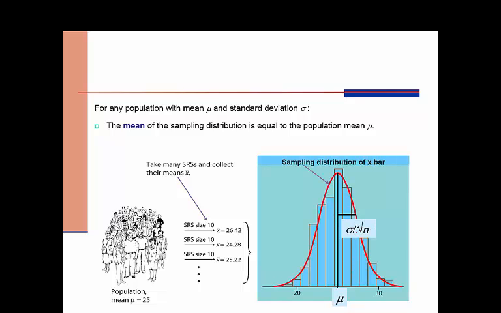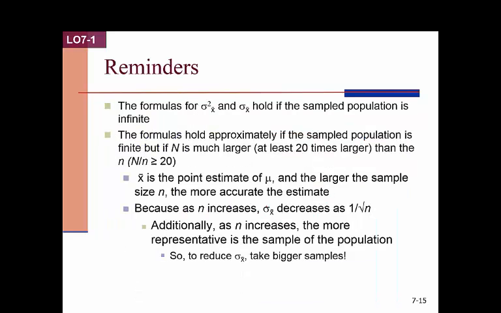And as my sample size increases, the standard deviation of my averages will get smaller and smaller, so it becomes very precisely right on the mean. So as n increases, sigma of x bar decreases. It's inversely proportional, right? So to reduce variability in your data set, take lots of samples.